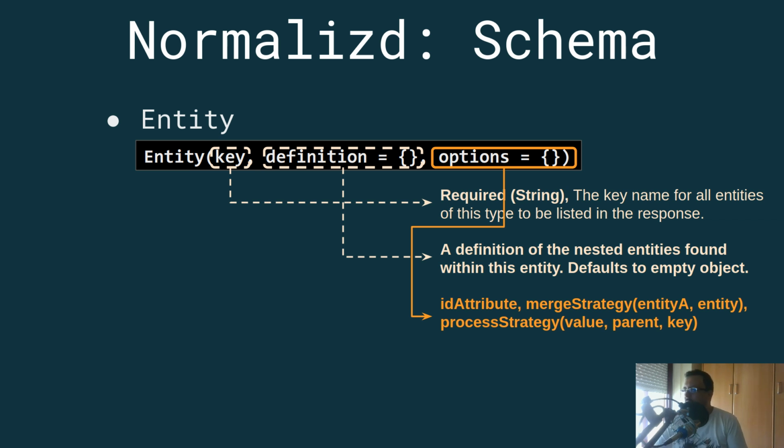Merge strategy is a strategy to use when merging two entities with the same ID value, defaults to merge the more recently found entity onto the previous, and process strategy is a strategy to use when processing the entity. Use this method to add extra data, defaults, and/or completely change the entity before normalization is complete. Okay, so this is like advanced things.